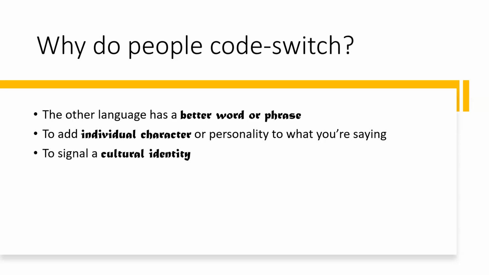A third reason is to signal a cultural identity. If you're speaking Spanglish, for instance, a mixture of Spanish and English, and you're speaking with other people who are also Latina or Latino, then by intermixing Spanish phrases or words into your communication, you're signaling to each other that even though we're using English, the dominant language of this country that we're in, we're still digging into and retaining some of our cultural identity or cultural heritage.